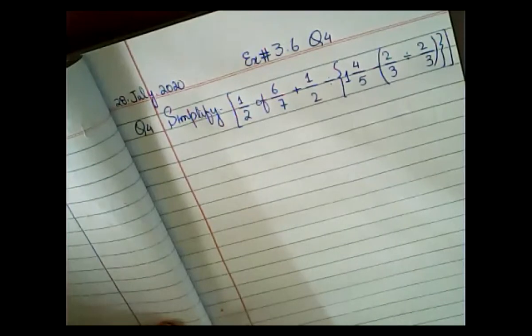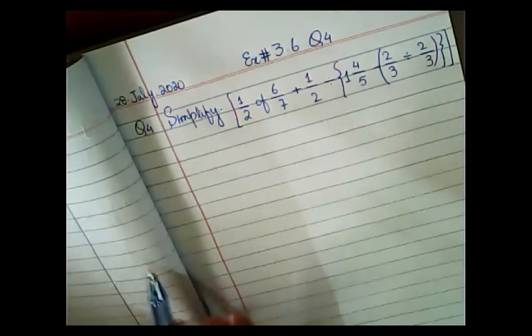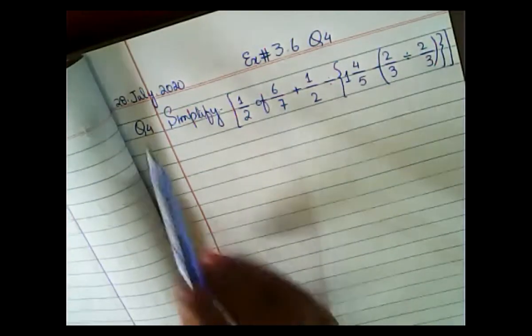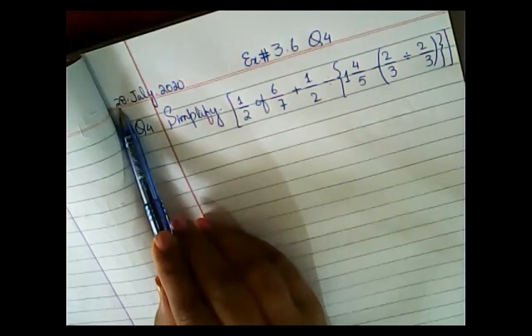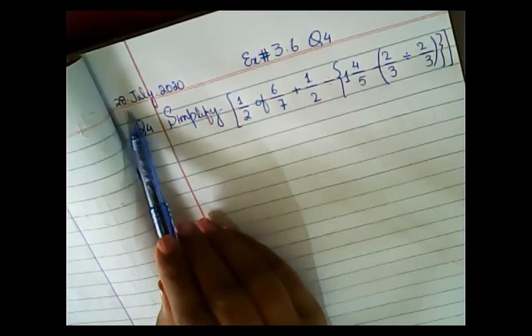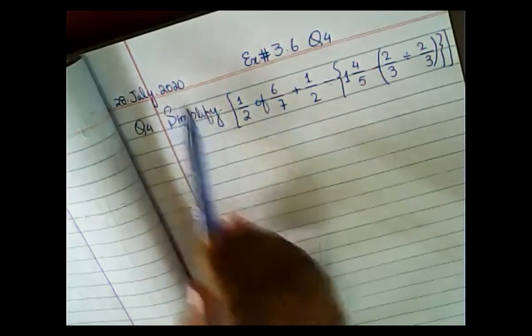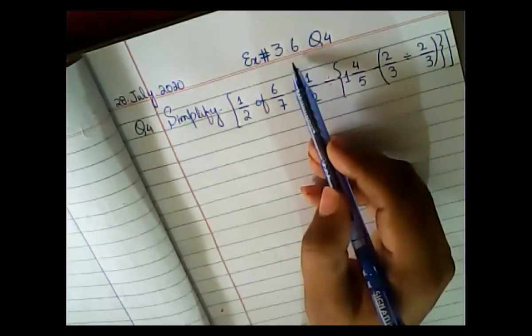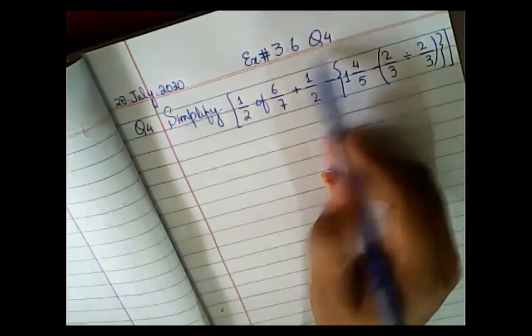Please listen to my instructions very carefully. What you have to do here, first of all, before starting any work, write down the proper date on each page. Write down the date here, 28 July 2020. Then write exercise number 3.6, question number 4. This is a must.